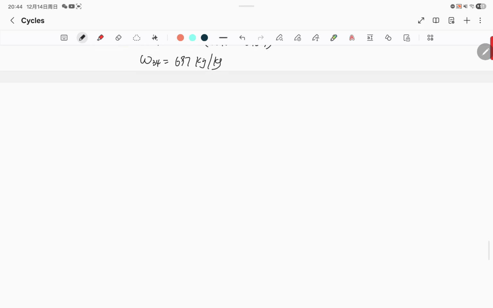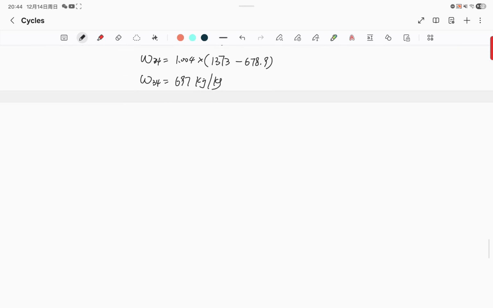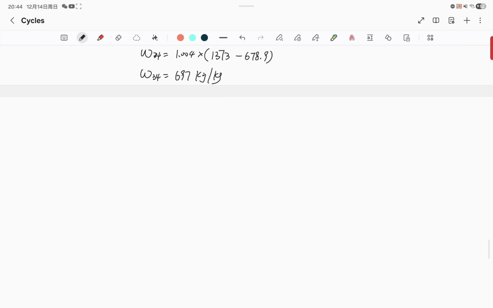Since we got work at the turbine, we also have work at the compressor. Immediately we can calculate work net. Pay attention, I'm still writing small w instead of big W, because we are still dividing by mass. We don't have the mass flow rate here. So work net is just work output minus work input.